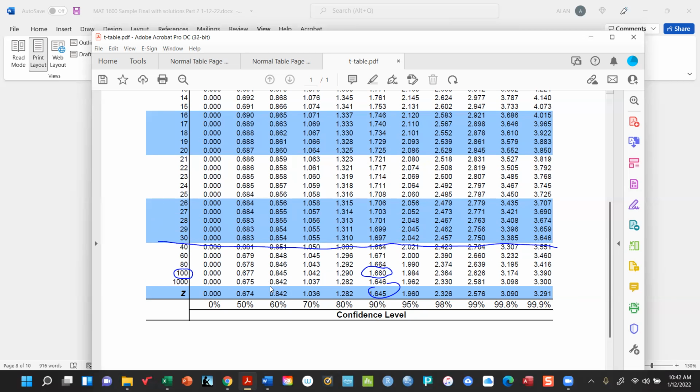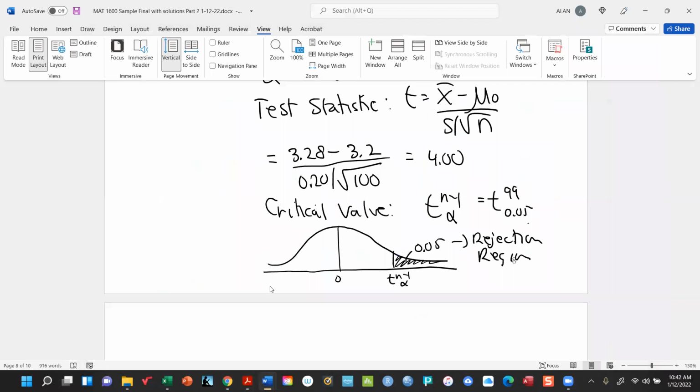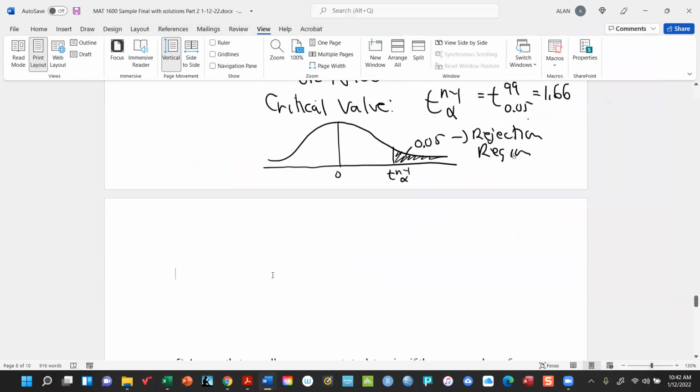So that's why in the tables, there's no point in having 99 and 98, 97, because they're so close to each other. So we'll use 1.66. And that's our t. So that's our critical value.